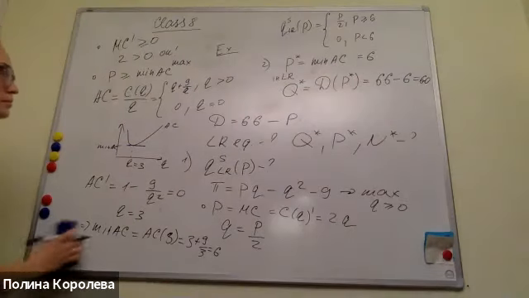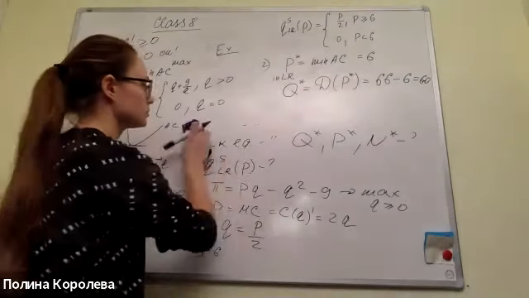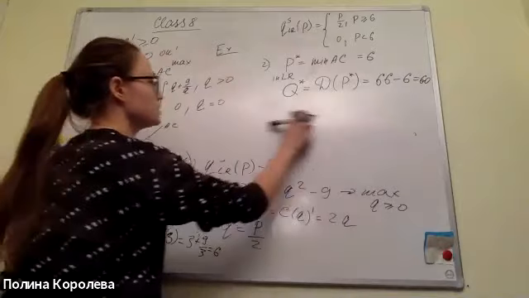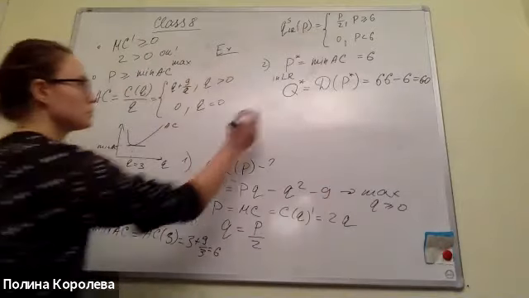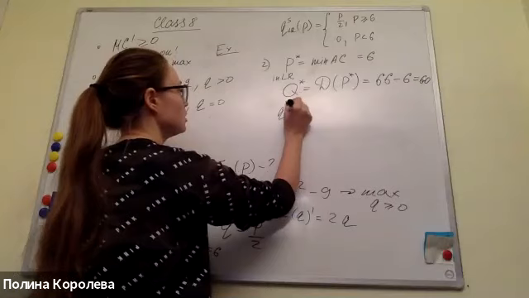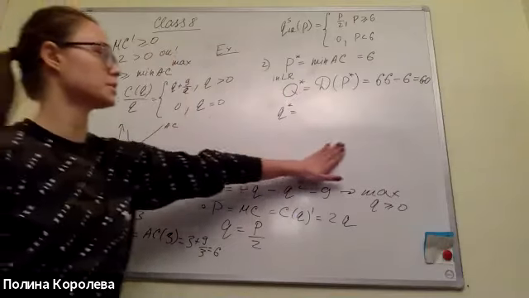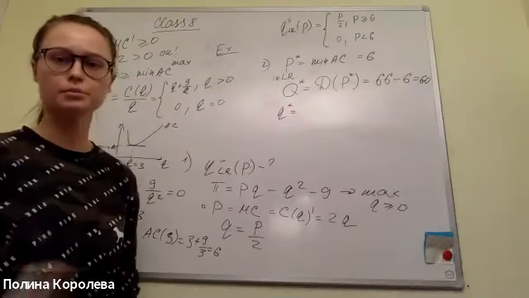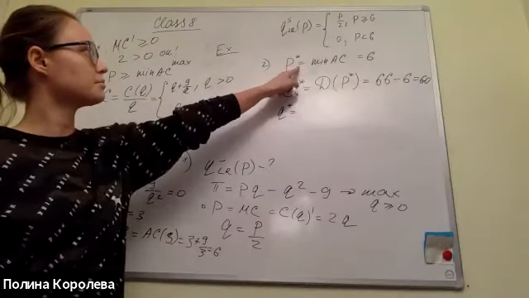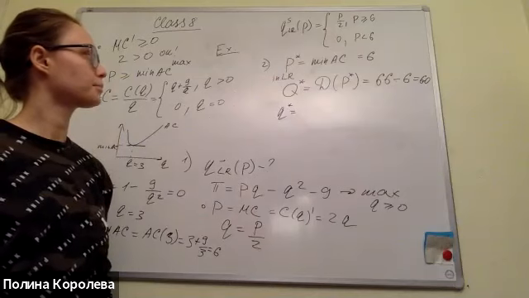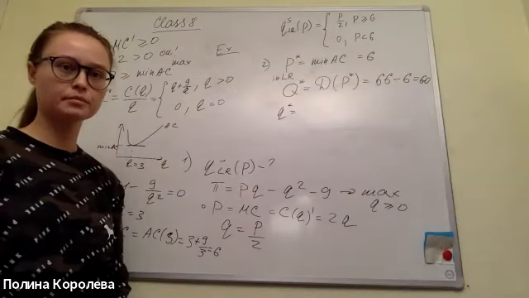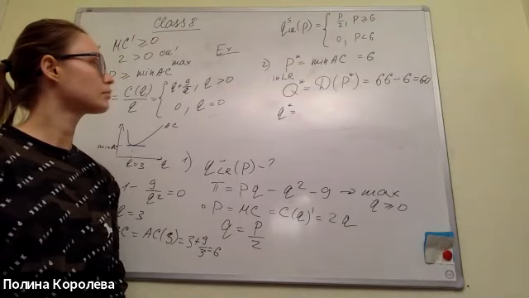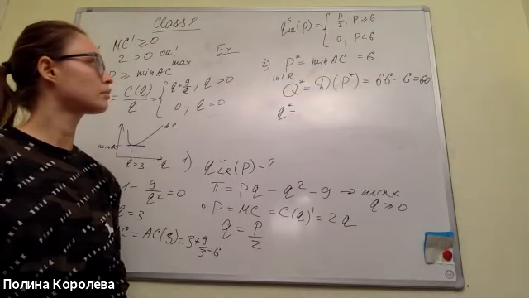What can we also find? The quantity that will be sold by one firm. How to find it? How much will be sold by one firm at such a price?